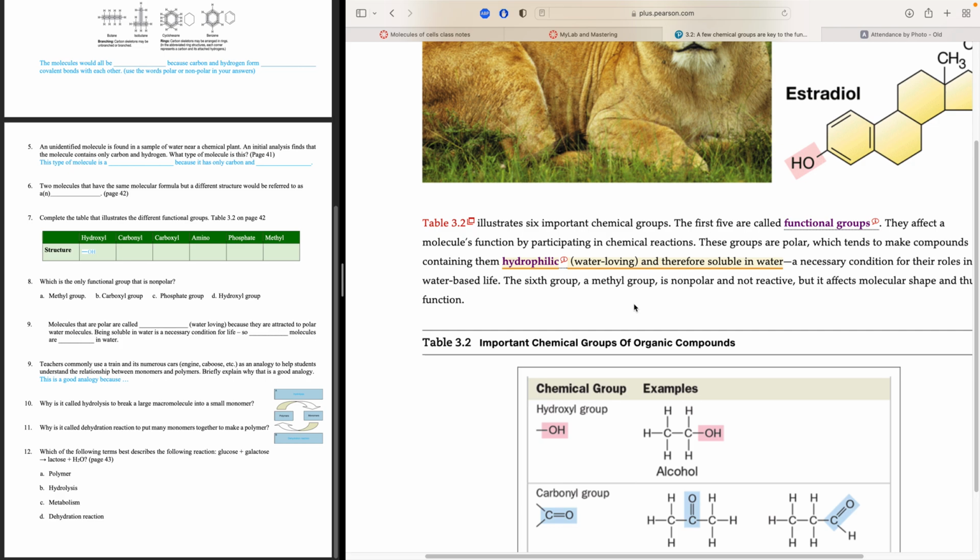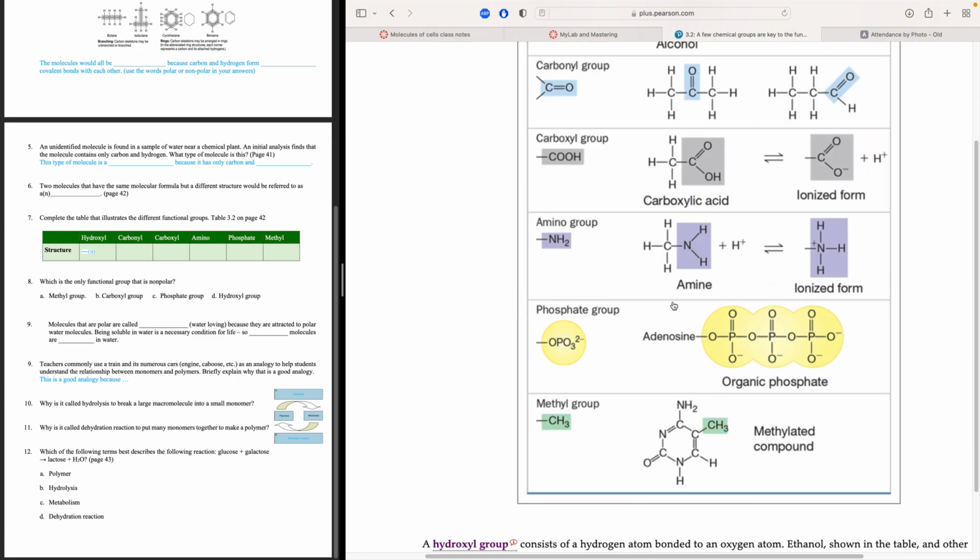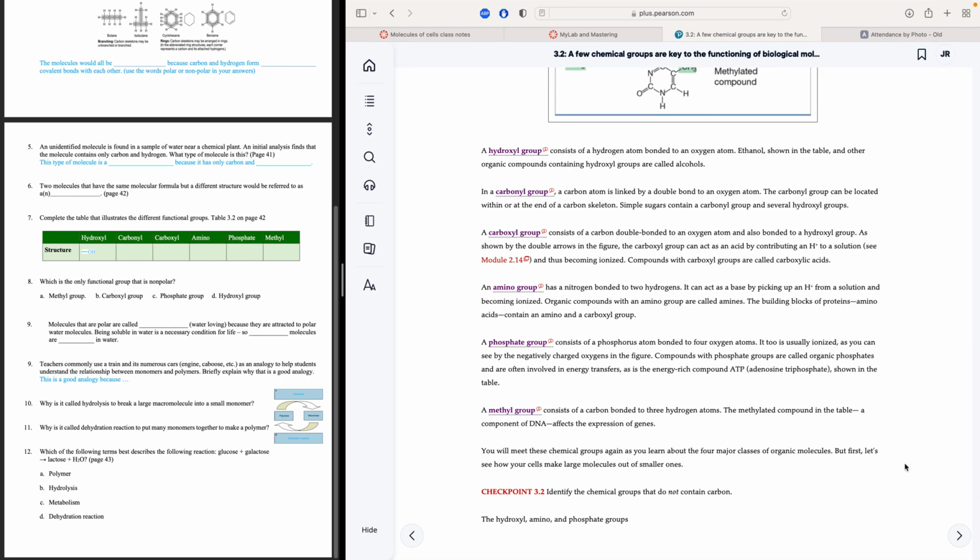So polar molecules are soluble in water. So that 6th group, the methyl group, it's nonpolar and it does not dissolve in water. And now we're ready for the next page.